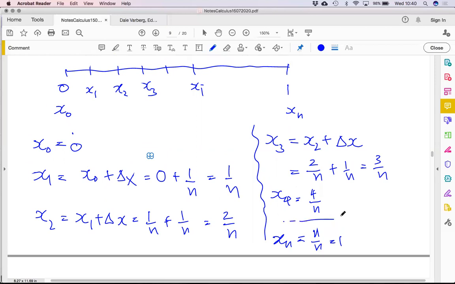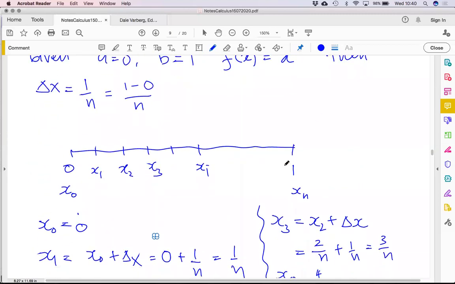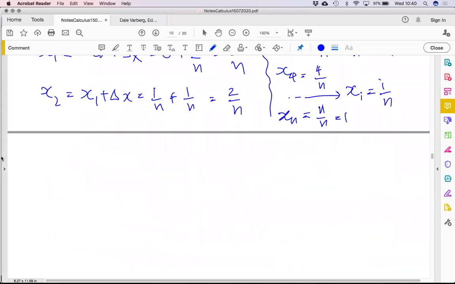From this observation, we can have xi is i over n. Therefore, now we have xi is i over n.